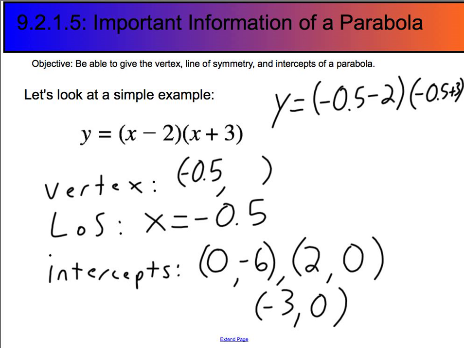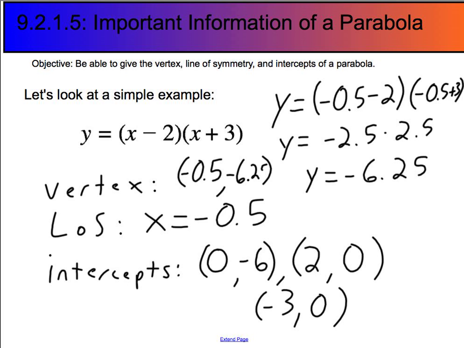And when I work that out, that's negative 2.5 times positive 2.5. So that means the y value is negative 6.25. So that's everything I need. I have the vertex, which is a point, the line of symmetry, and the intercepts.